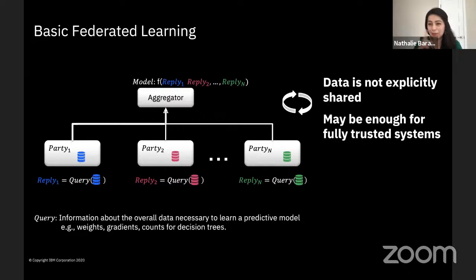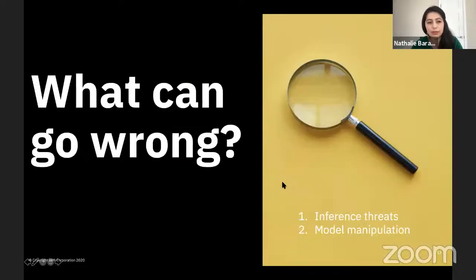If you're a security person, you'll say, it depends. Give me the context. If the company is the same and has all these parties with data in different clouds, then most probably just not transmitting the data is enough.